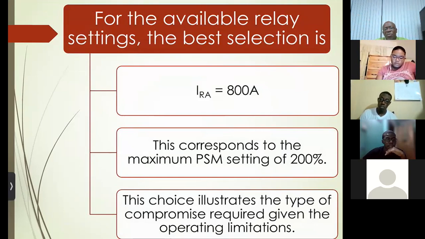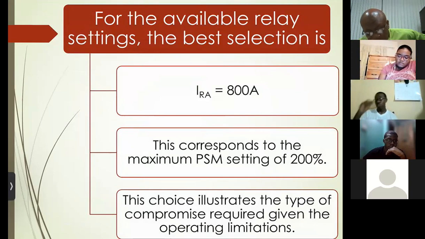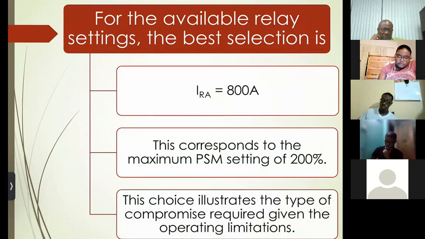The relay gives us 200%, which means that the setting that we are going to make for A would be for a relay current of 800 amperes, which corresponds to the 200%. So I am restricted by what is available on my relay. Any questions?